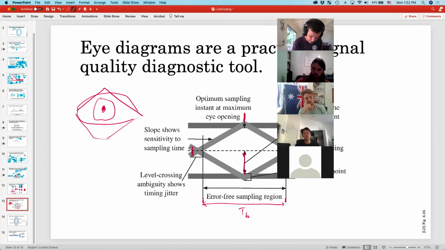But so like the thickness and the width of this region shows you how jittery the received signal is going to be. And jitter is just where the bit period lies in time relative to each other. So if this is super clean, so if we have just these traces that look like this, that would be no jitter.